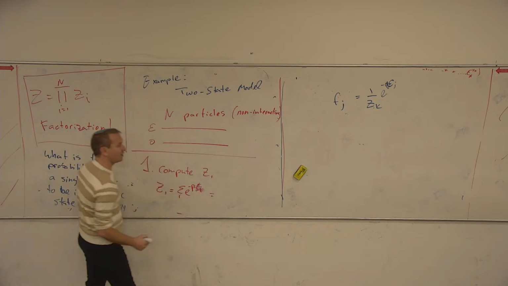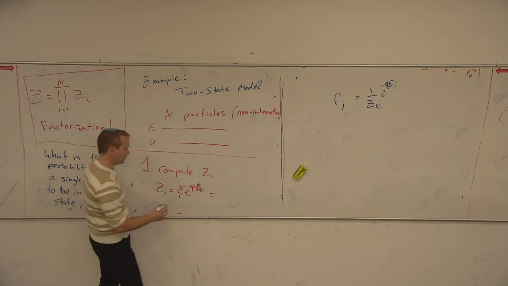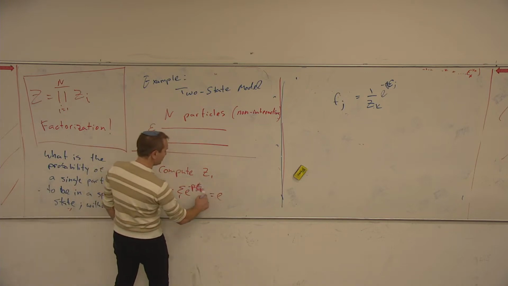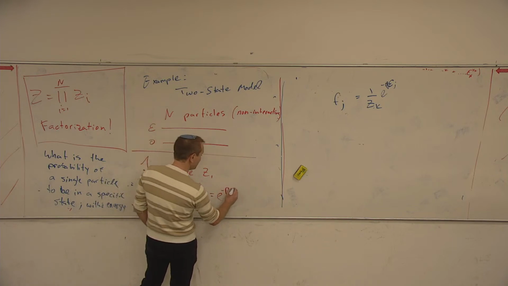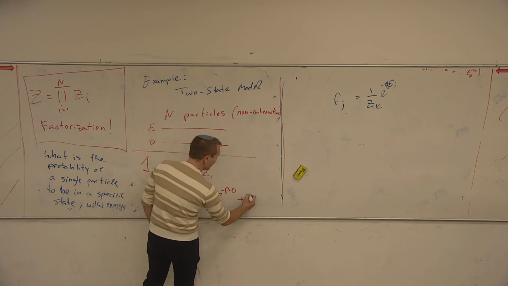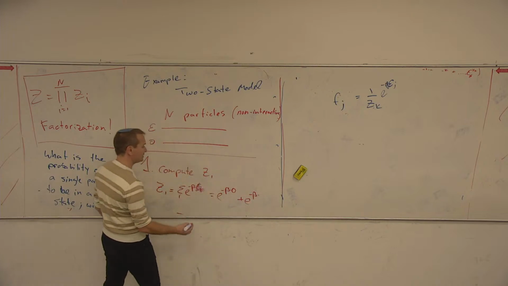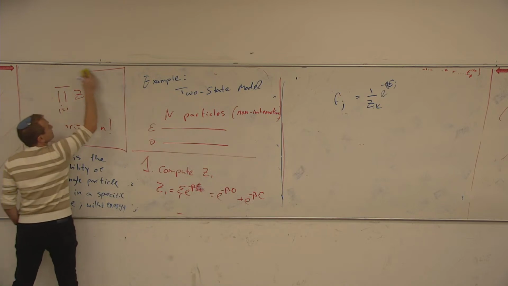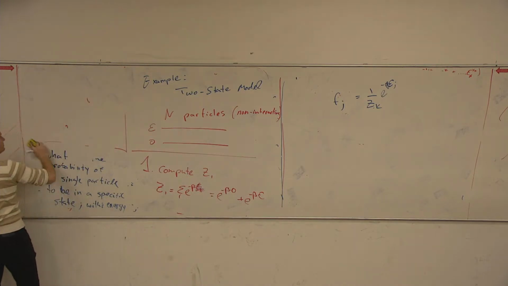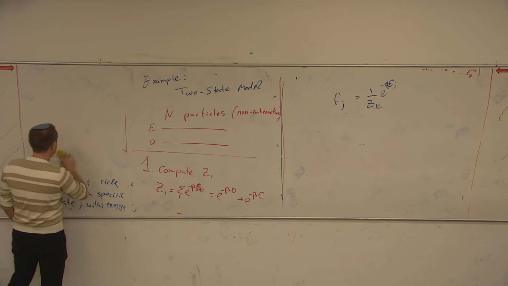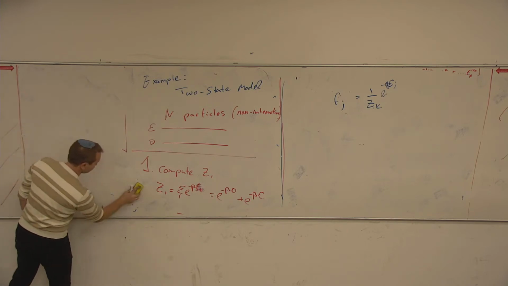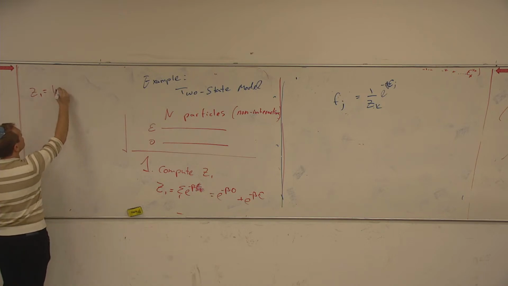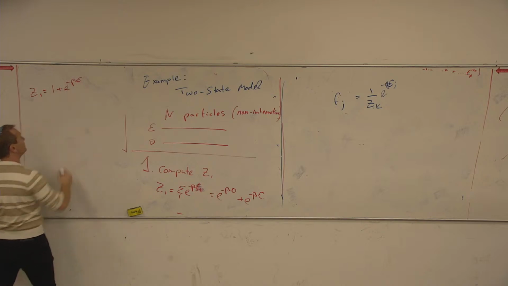How many states can a single particle have? Two, right? So either epsilon i equals 0, so e to the minus beta multiplied by 0, plus e to the minus beta multiplied by epsilon. So Z1 equals 1 plus e to the power minus beta epsilon.